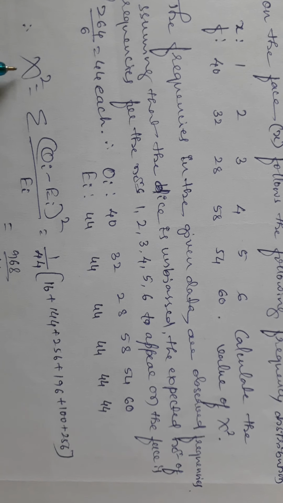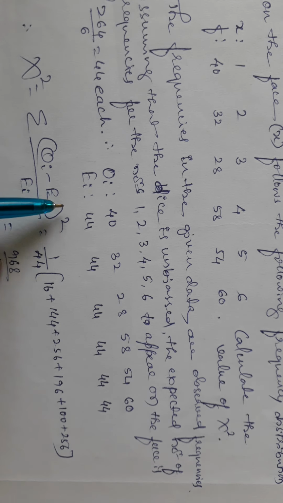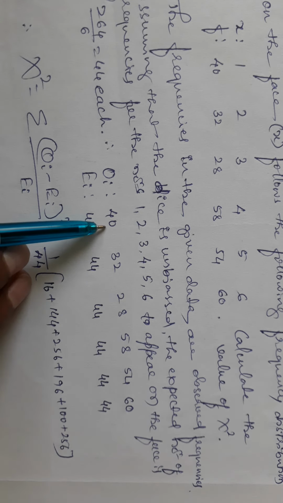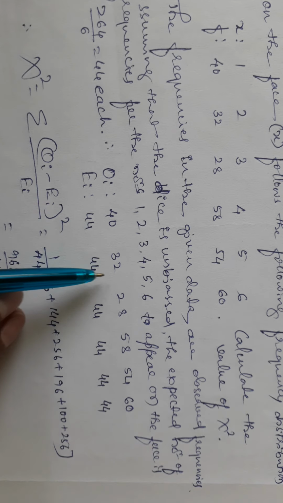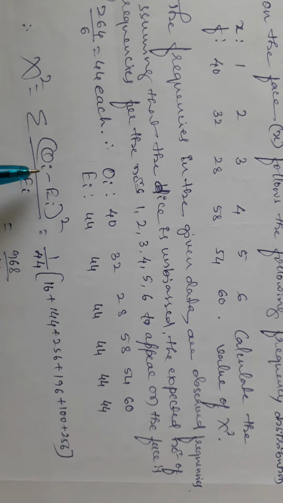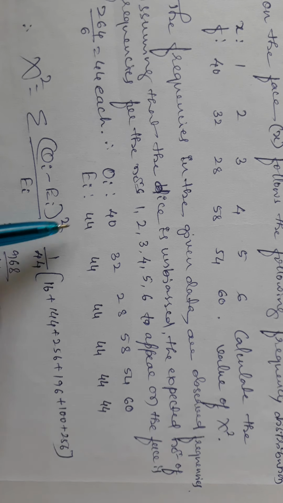Now we have the formula chi-square equal to summation of (Oi minus Ei) whole square divided by Ei. The differences are 4, 12, and so on, but we take the difference squares.